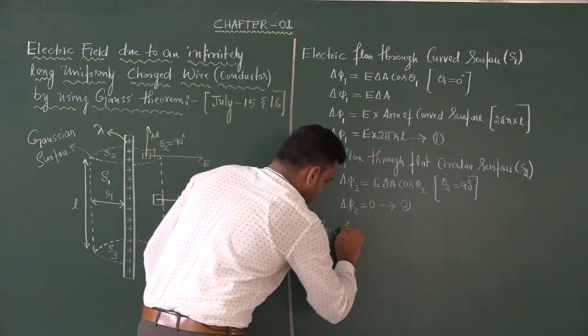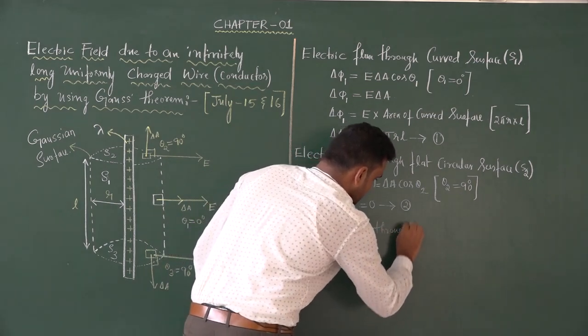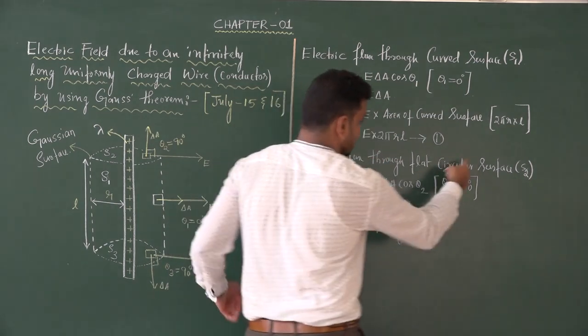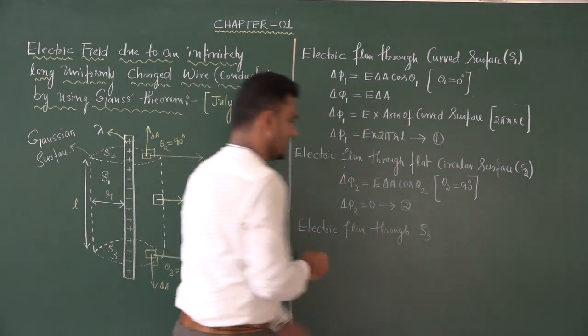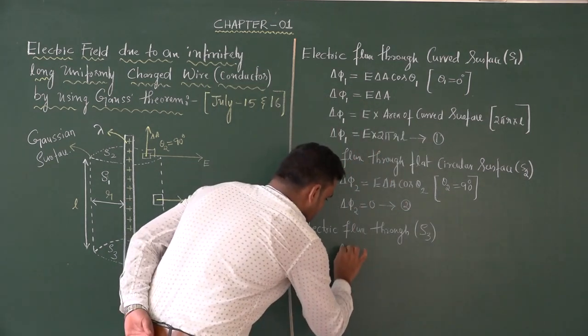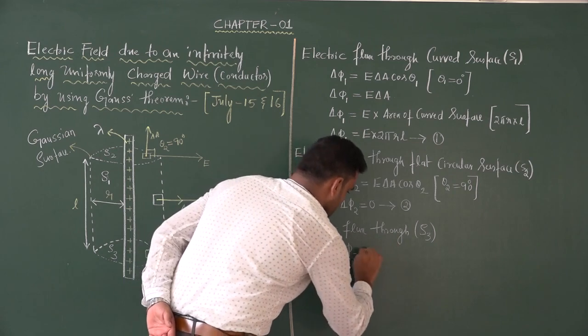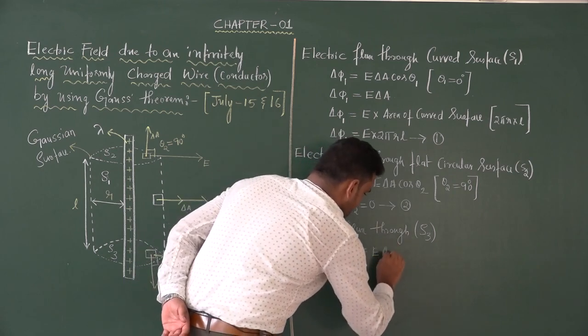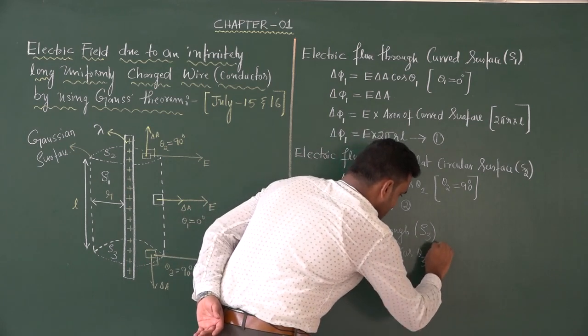Electric flux through one more flat circular surface, that is S3. Directly I will write S3. Electric flux through S3. Delta phi 3 is equal to E into delta A cos theta 3.